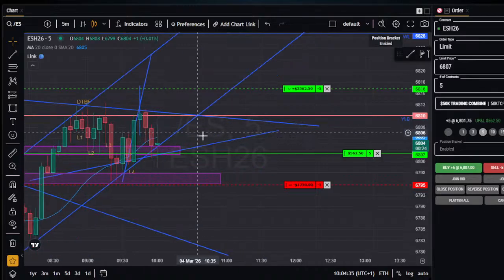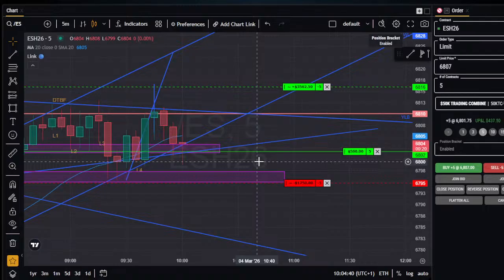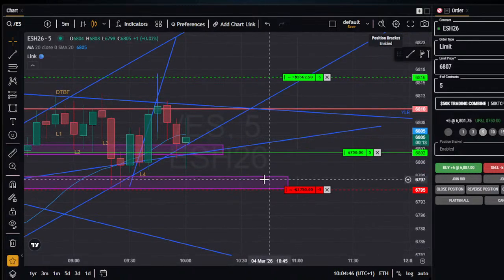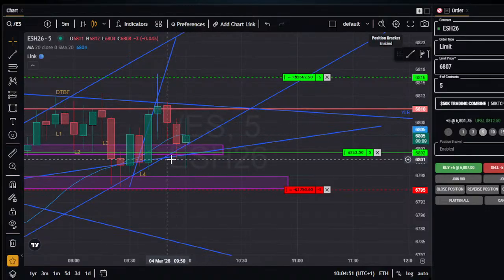it could be considered an outside bar, and an outside bar is always a bad signal, displaying hesitation, a big doji going below this bar and above this bar.